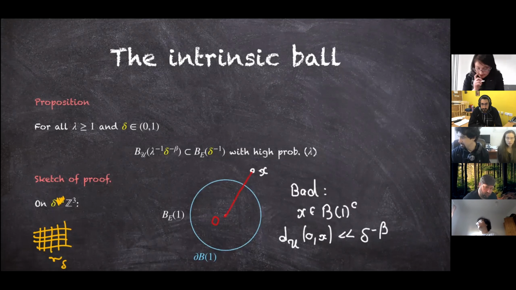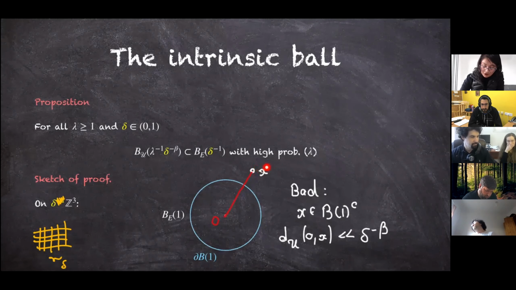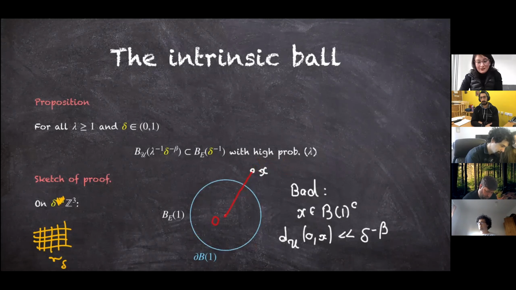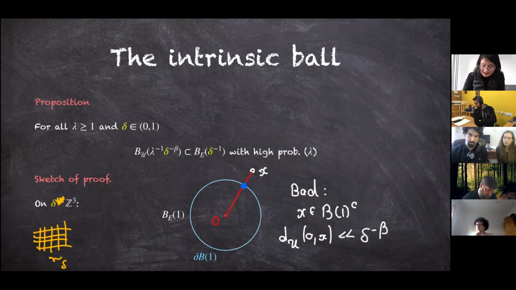But here we can use a geometric insight: if I want to connect to a point in the complement of the ball, I necessarily have to pass through the boundary. So I won't aim to control all the points in the complement, but I want to control the points on the boundary. So I want to justify that every time I pass through the boundary, this path is large enough so that I cannot have this sort of red highway.